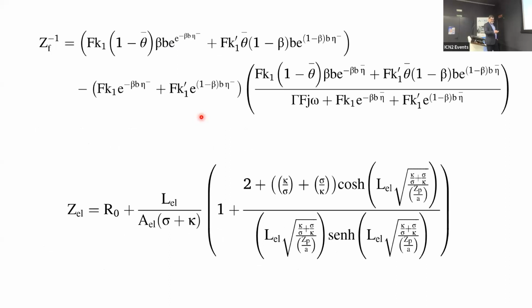Because of this, we can determine the Faradaic impedance. But in this case, because the material is porous, we have considered the behavior associated with the porosity.